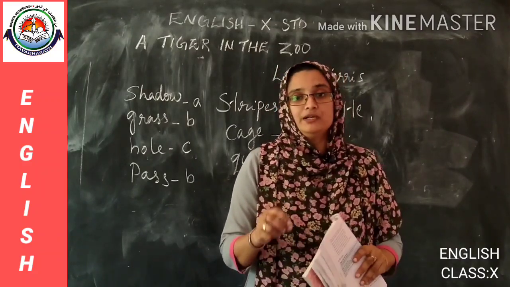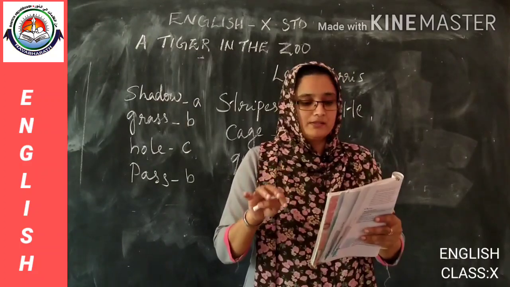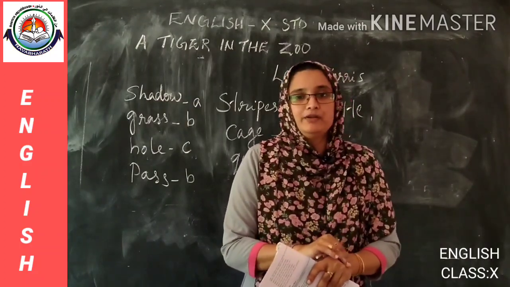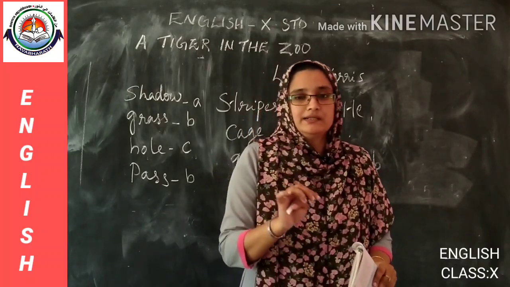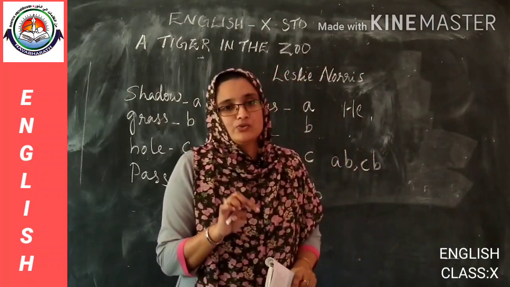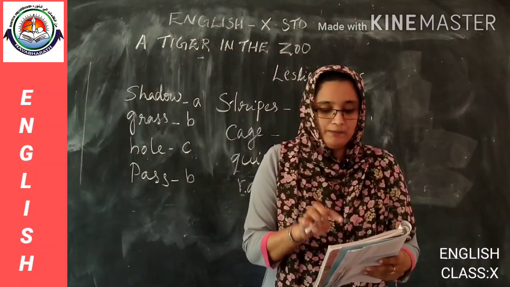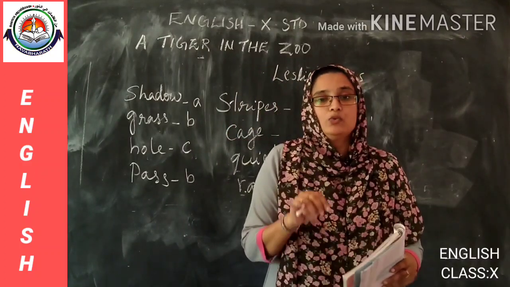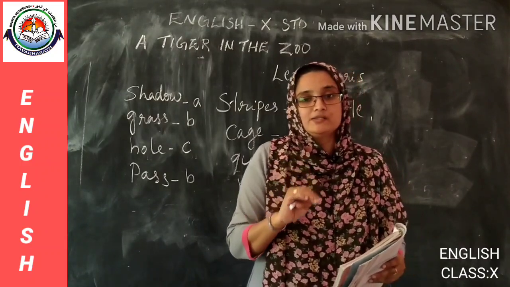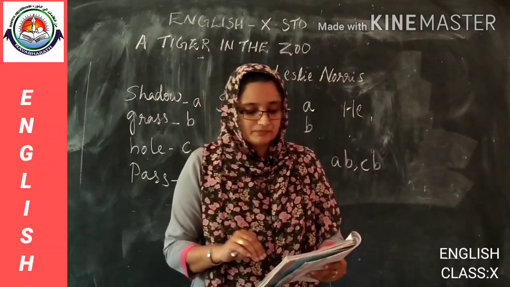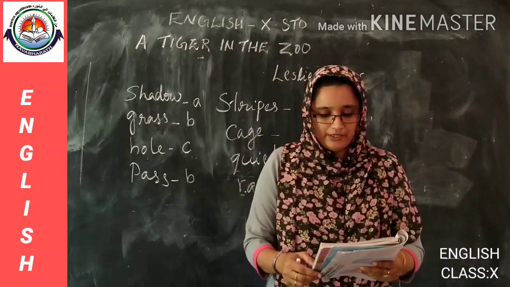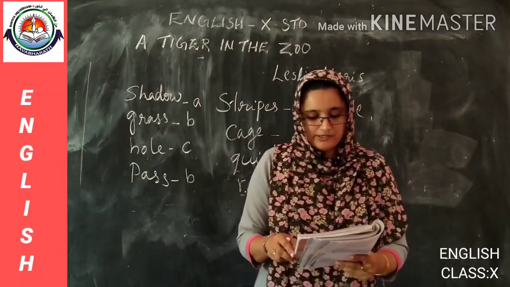The pads of the tiger, pads means the paws. The paws of the tiger are compared with velvet here. So that is the poetic device used in this line, metaphor. On pads of velvet coat. What's the poetic device used here? That is metaphor. Okay, children.